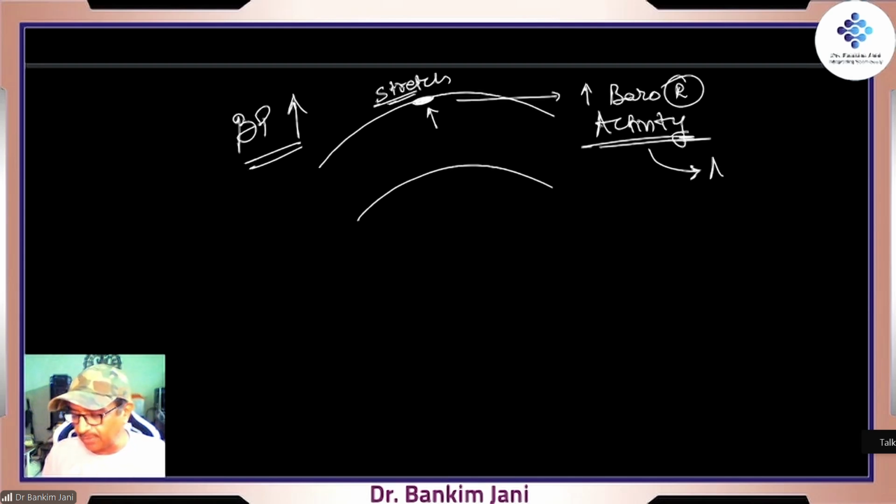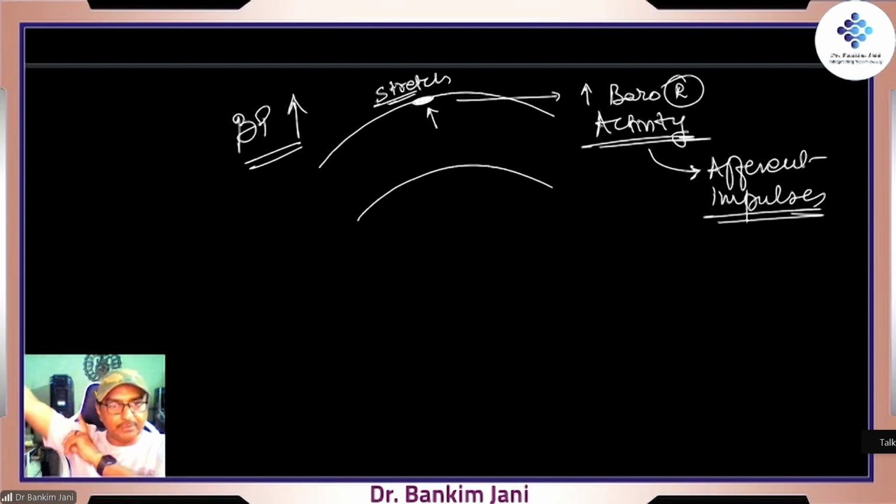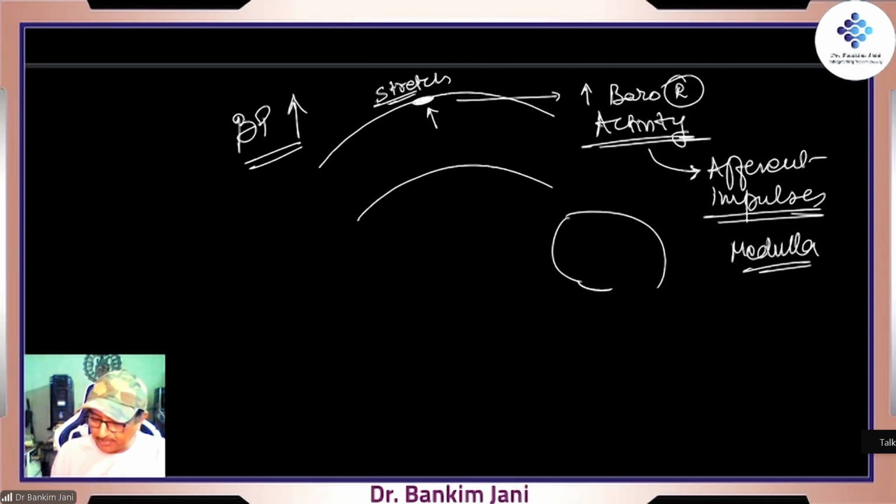So these are called afferent impulses, which will start going up, right? This will reach all the way to the medulla. So when we say this is our brain, this is the midbrain, pons, medulla, and then the spinal cord.